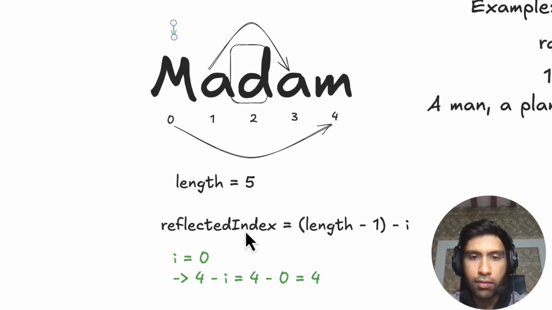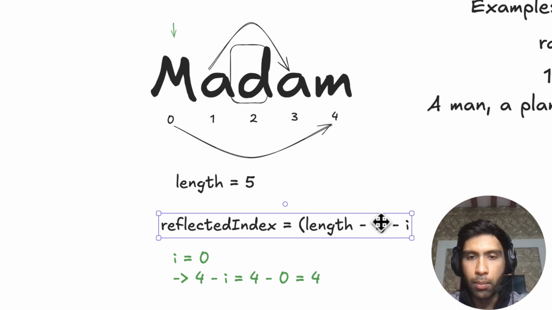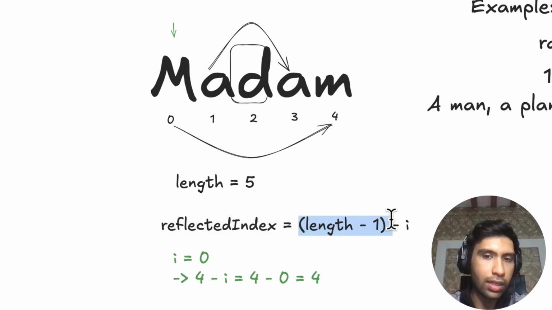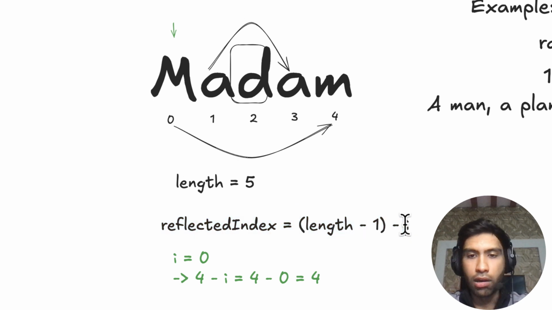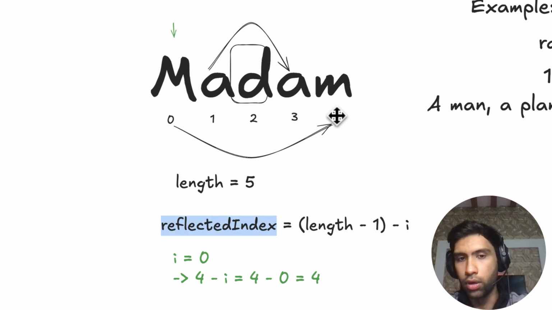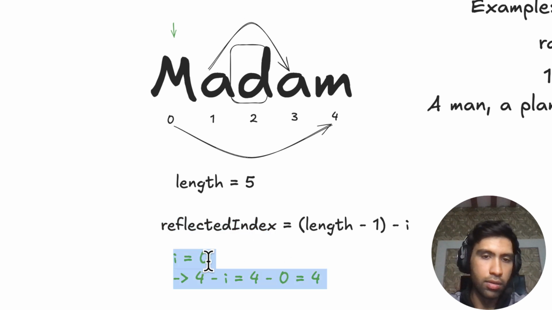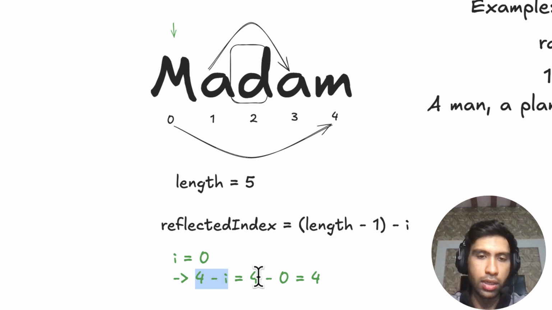The reflective index would be 5 minus 1, and this is just to account for 0 indexing, minus the current index you're on right now, which gives us the reflected index. So for 0, we should get 4. Let's look at a few examples. i at 0 is equal to 4 minus i, which is 4. So the reflective index of 0 is 4.